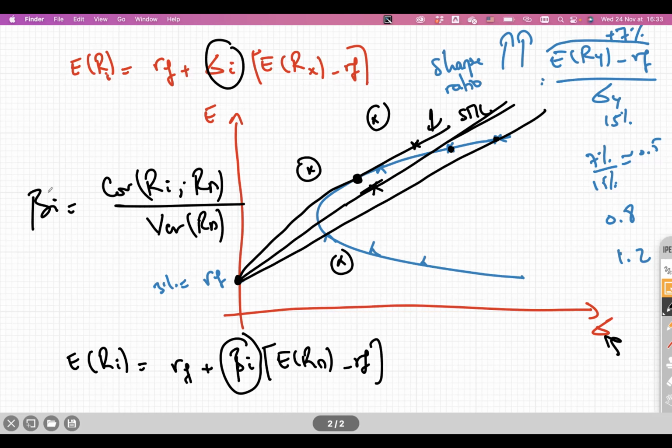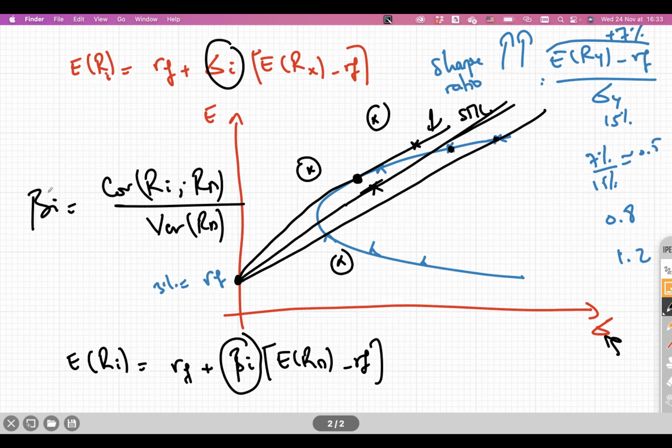Now suppose that beta I is equal to 0.5, less than 1. This simply means that if the market goes up by 1%, the stock will go up by 0.5%. If the market is going down by 1%, the stock will go down by 0.5%.